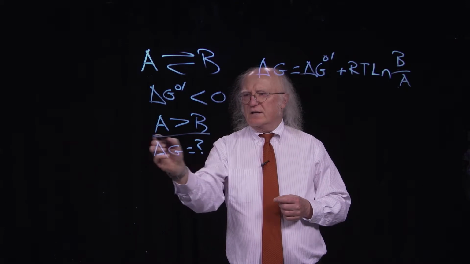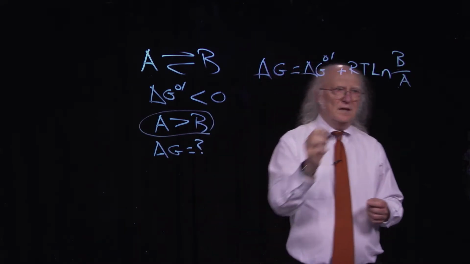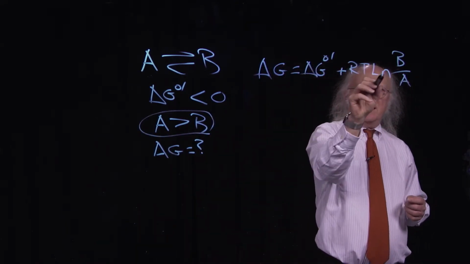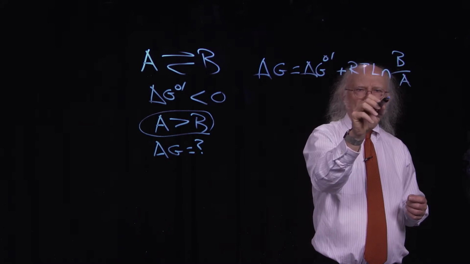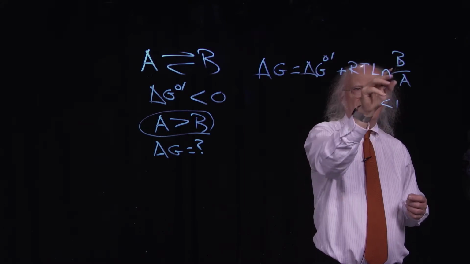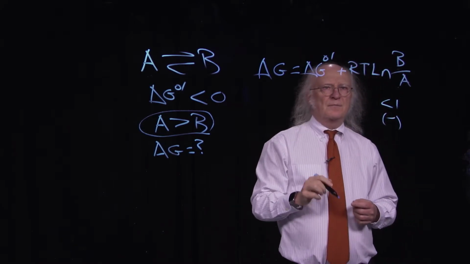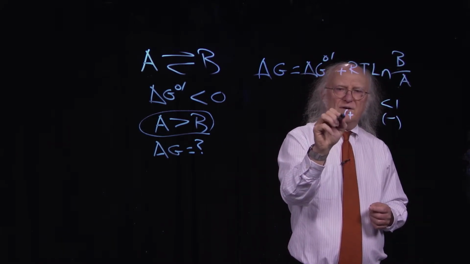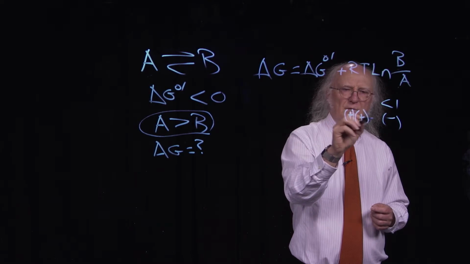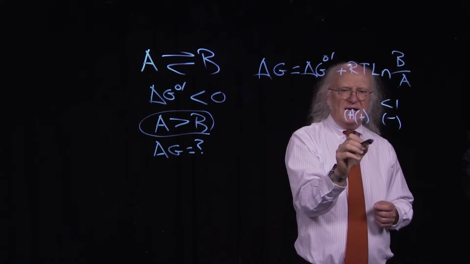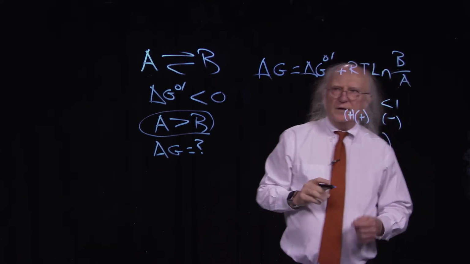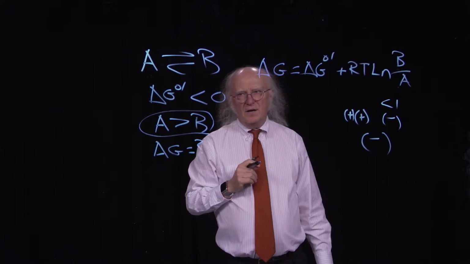Well, let's first of all consider this. We've got A greater than B. If A is greater than B, that means that this ratio is less than 1, and the natural log of something less than 1 is a negative number. R is a positive number, T is a positive number, and they're multiplied times a negative number. That means that the overall number here has got to be a negative number.